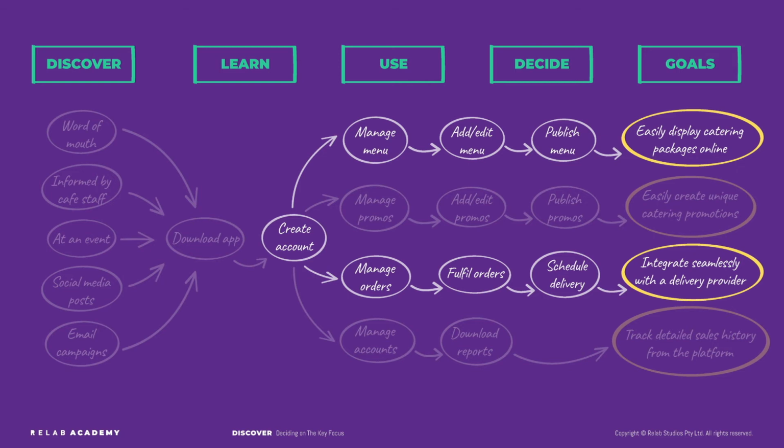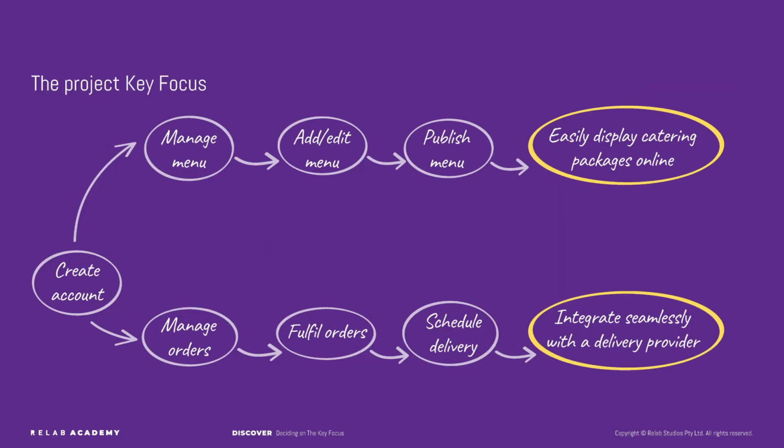So what I'm going to do is just highlight those things and ignore everything else for now. And once I've done that, I've got that as my key focus of the project. It's really about making sure that the experience in creating, editing, and adding a menu is so easy and so simple. That way I'm able to publish the menu and easily display catering packages online.